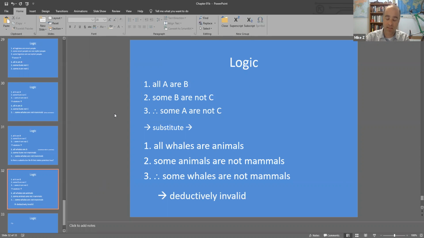And that tells us that the argument is deductively invalid. And if we just cannot come up with a consistent substitution for A, B, and C that gives us a situation where the premises are both true and the conclusion false at the same time, then we know that we've got a deductively valid argument involving categorical statements.